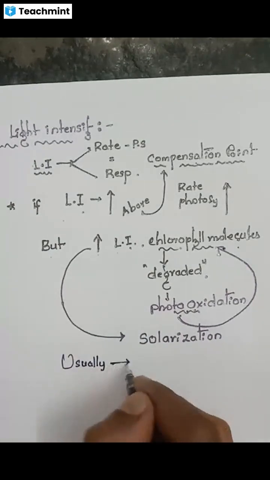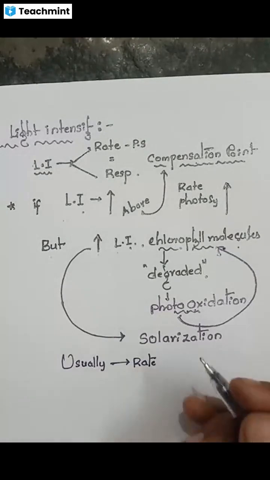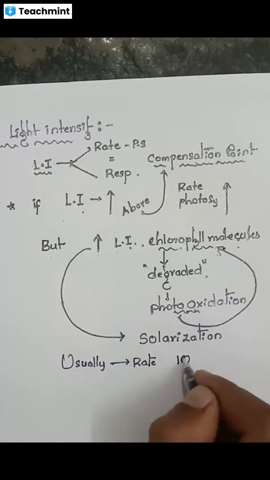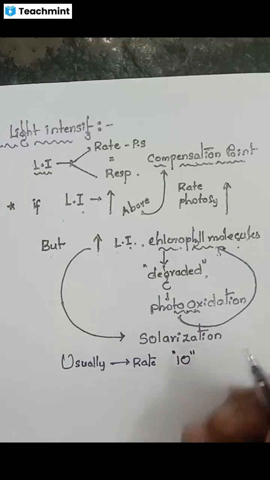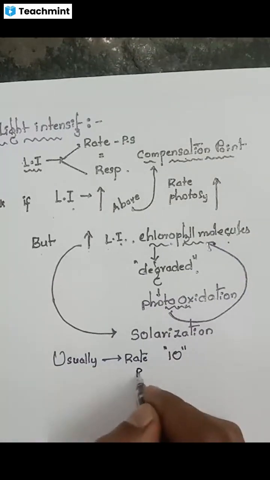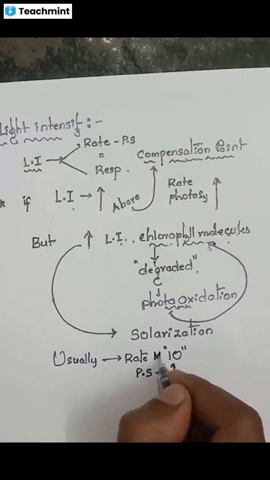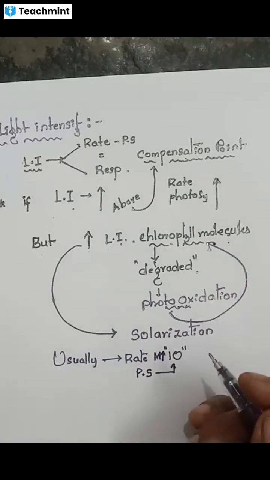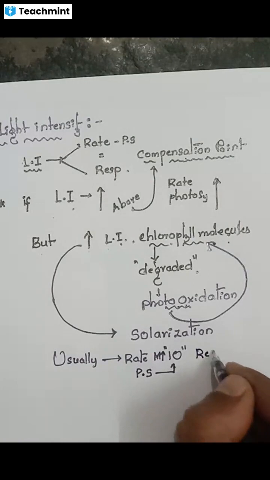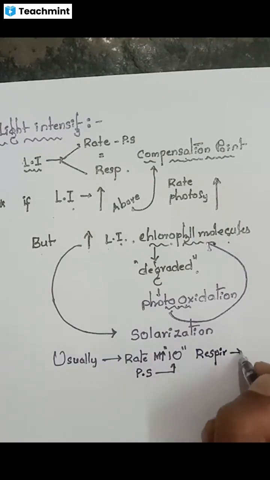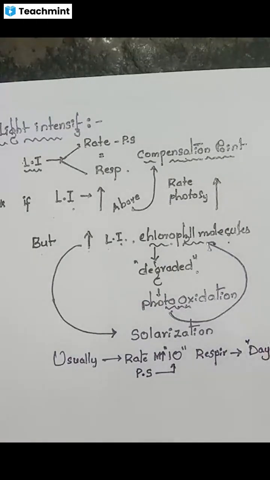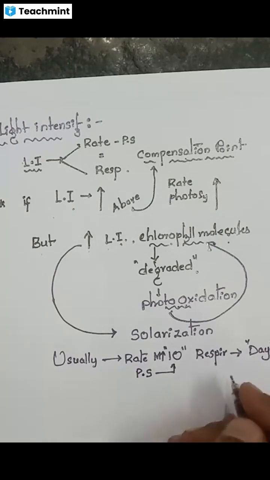Usually, the rate of photosynthesis is more than 10 times the rate of respiration during daytime.